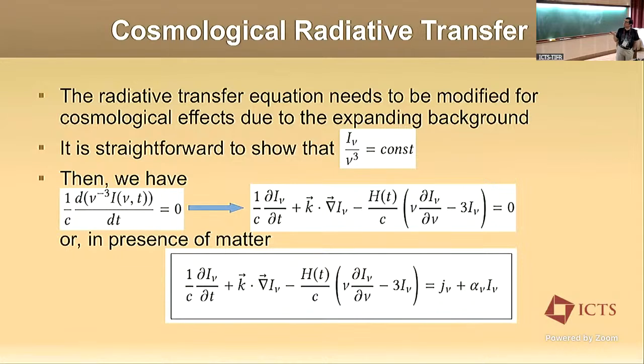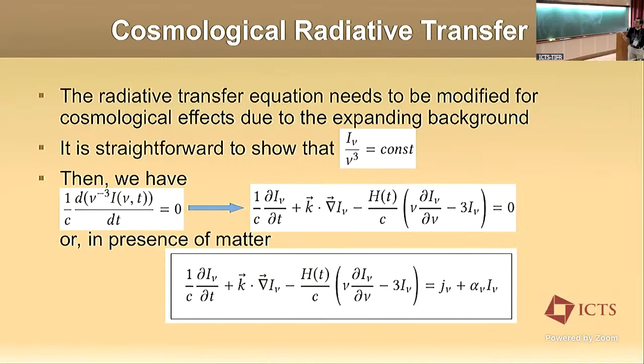So first of all, you can show, I'm not going to do it now, but it's relatively easy to do, that intensity divided by the cube of the frequency is constant. So if this is true, then the derivative with respect to time of that is 0 because it's constant, right? And then if you write this and remember what I was in the first place and take the derivative, you get that this is the time-dependent term, dI/dt.